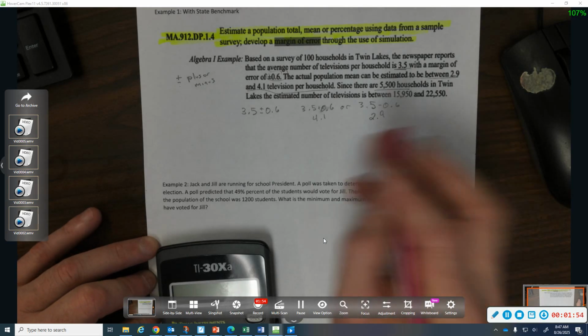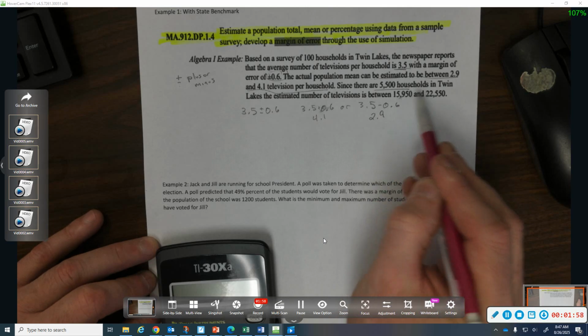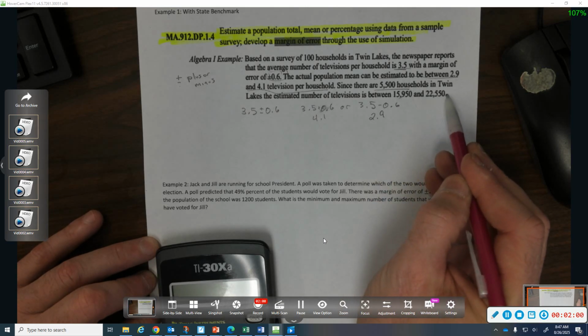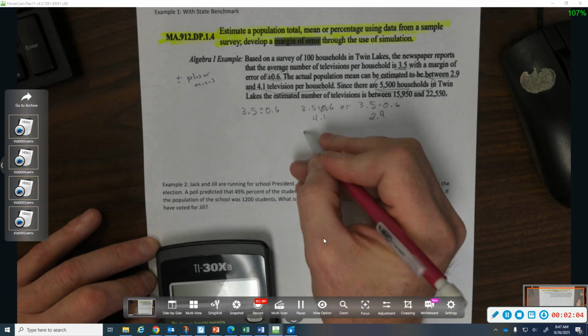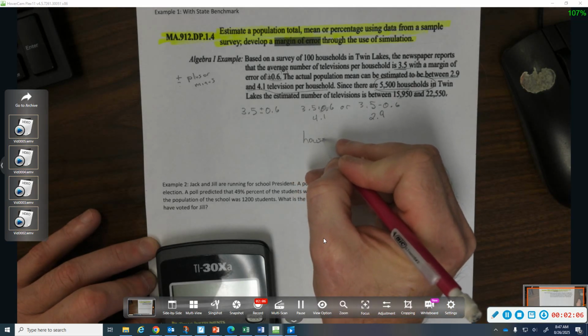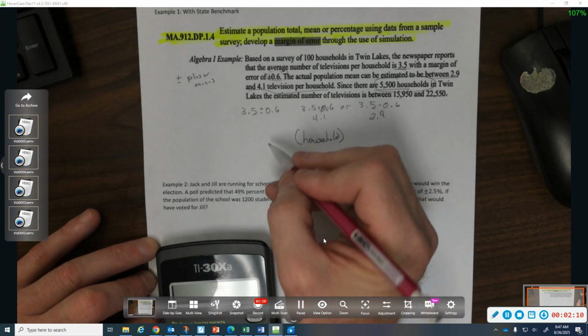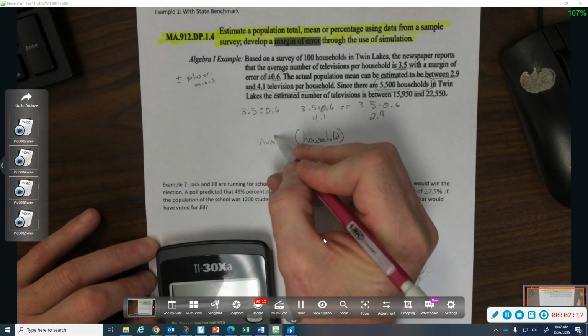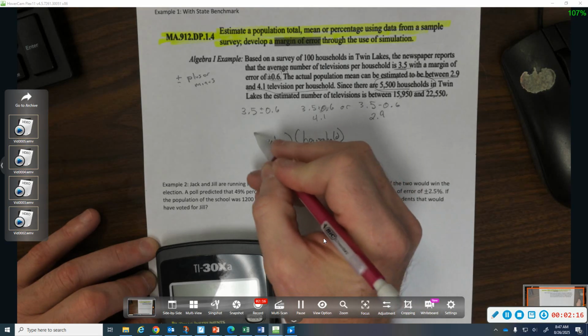Now, since there are 5,500 households in Twin Lakes, the estimated number of televisions is between 15,950 and 22,500. So how do they get that? Well, they take the household number and multiply it by the number of TVs. That's just multiplication.